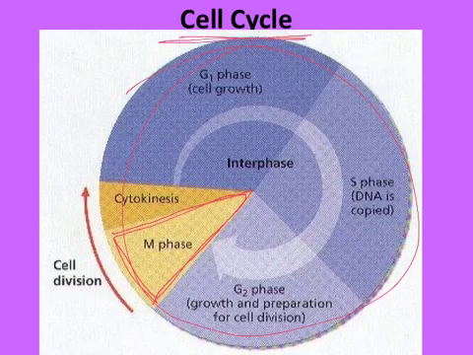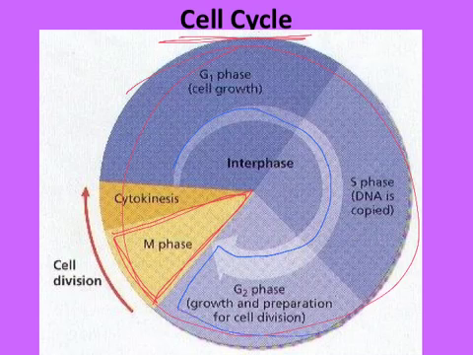So what's left in the cell cycle? All right, so whenever your cells split, they're not the same size as an adult cell that it needs to be. So what happens is you have this whole big thing here called interphase. So all of this here is interphase.